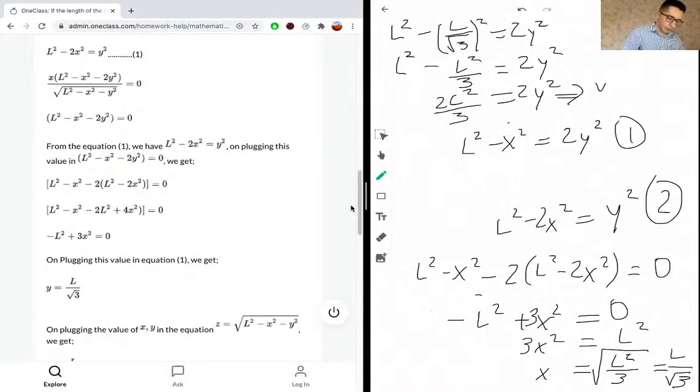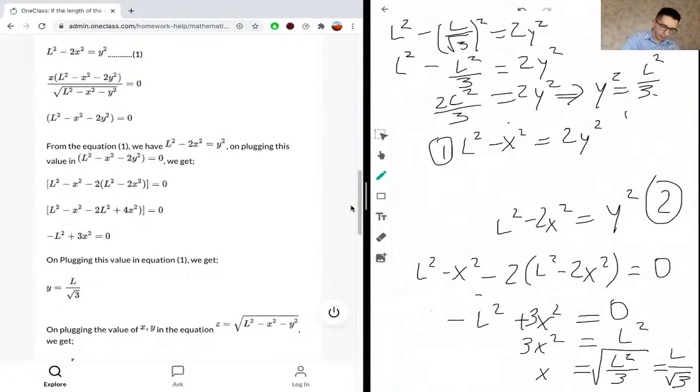And then we know y squared is equal to L squared over 3, and then knowing this, we have a squared here as well. We know y will be equal to L over square root 3. So I'm just going to erase this right here. So this is our equation 1.